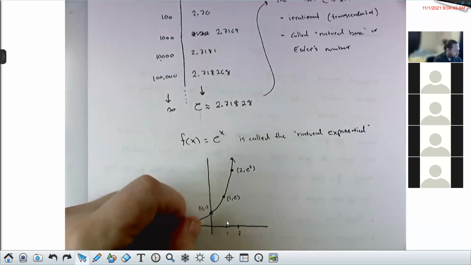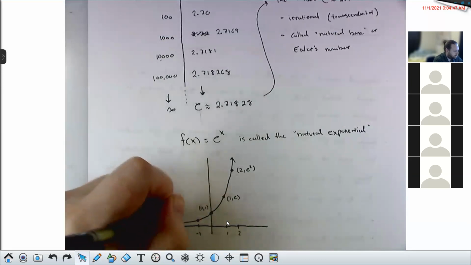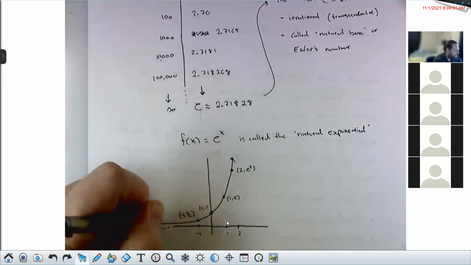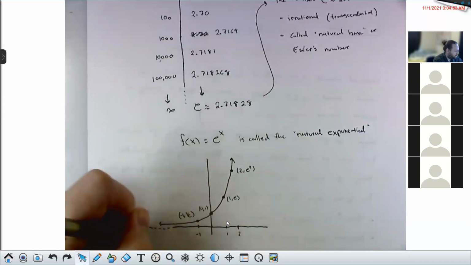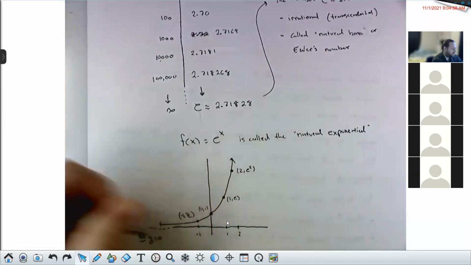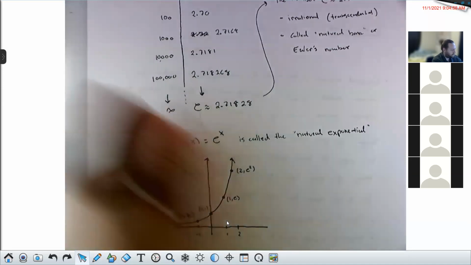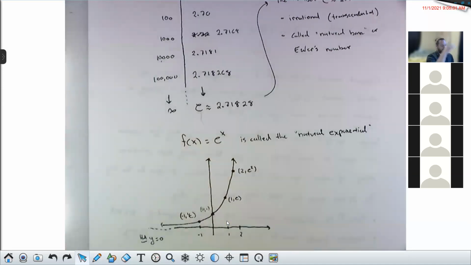Over here, you would have the point -1, e to the -1, or 1 over e. And you approach this horizontal asymptote, y equals 0. It's the same as all the other exponential graphs, but it is a special one. It is the right base to use.